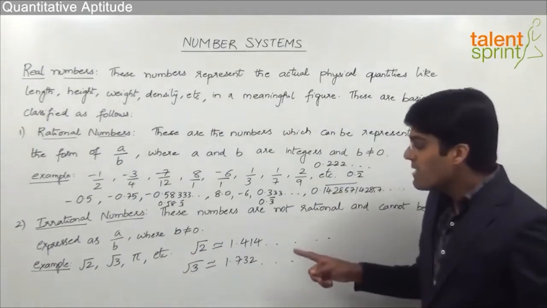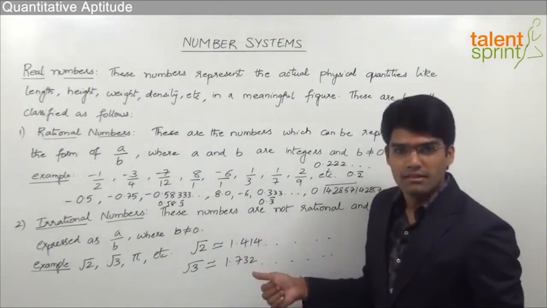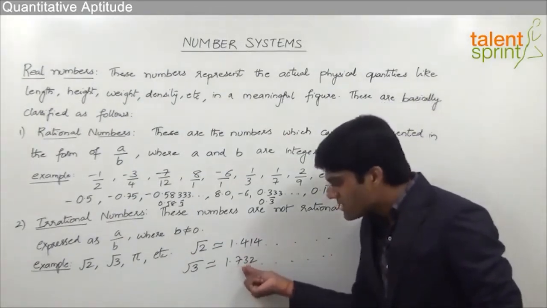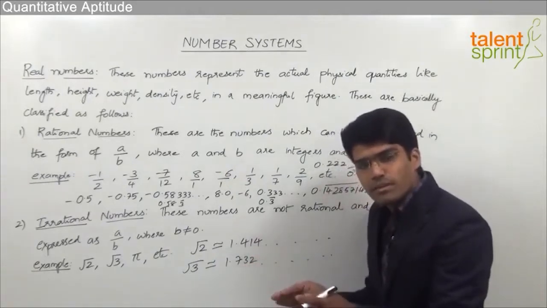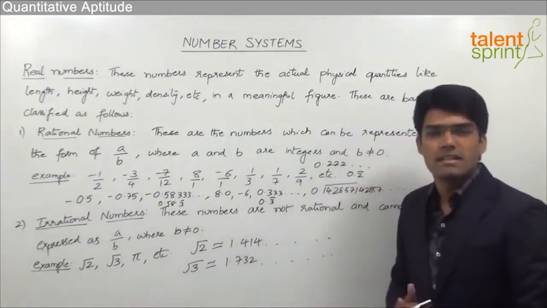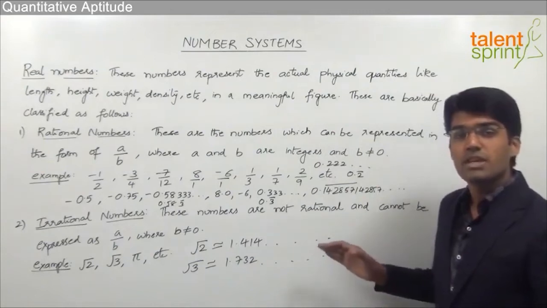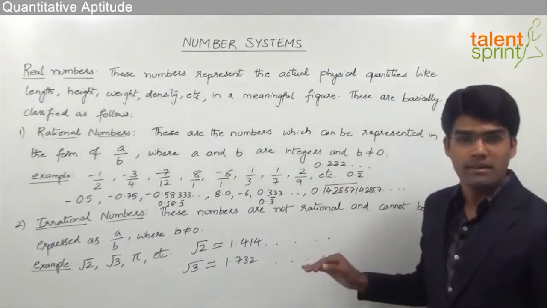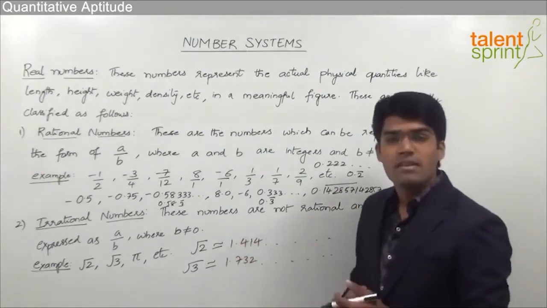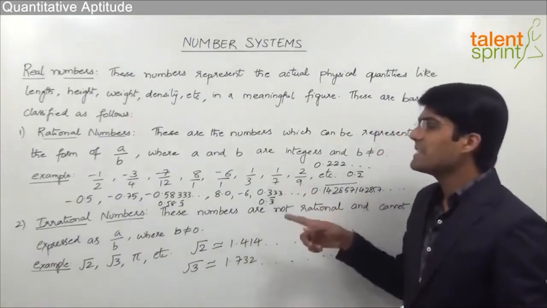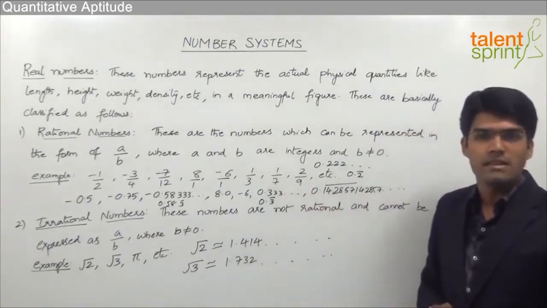And at the same time, they are non-recurring in nature. That means there is no particular digit or no particular set of numbers which occurs again and again at regular intervals. So the numbers which are non-terminating and non-recurring are called irrational numbers. So that is the basic difference between rational and irrational numbers.